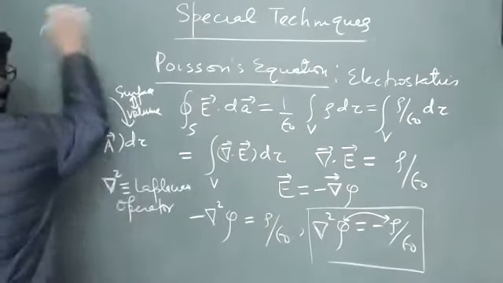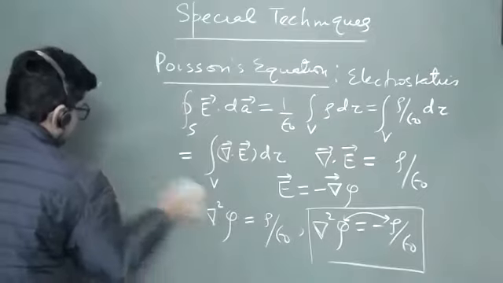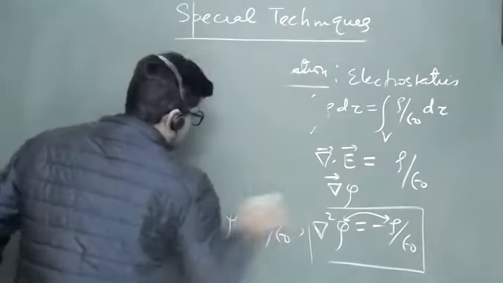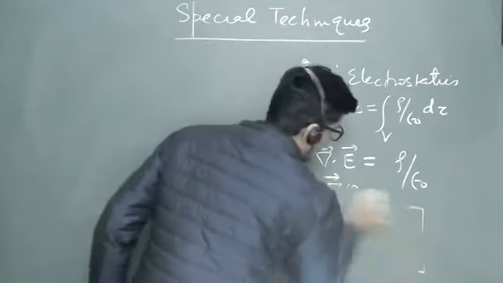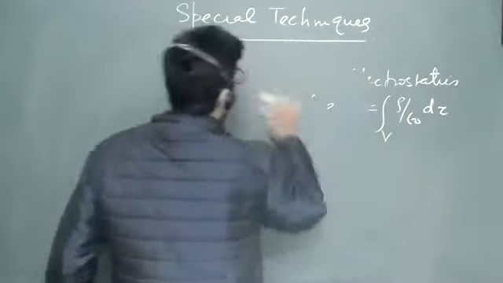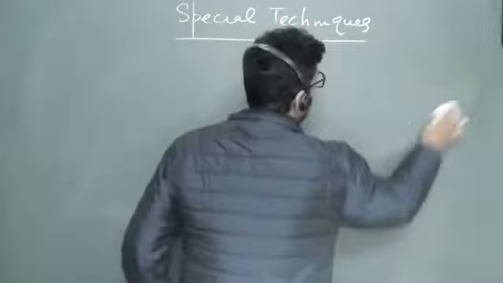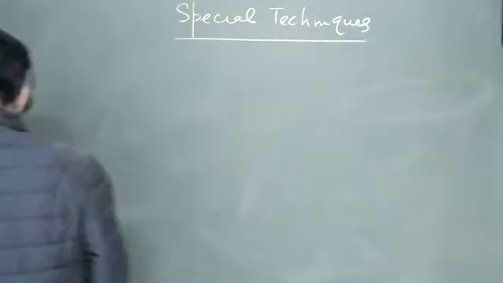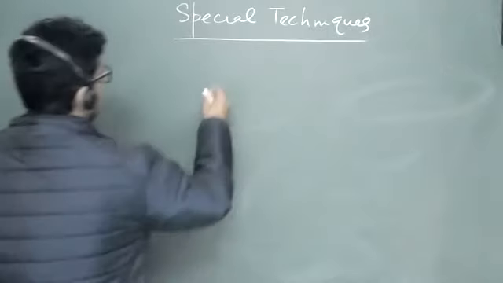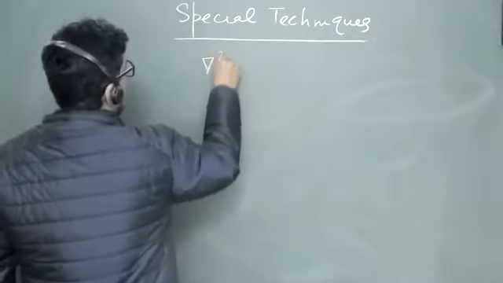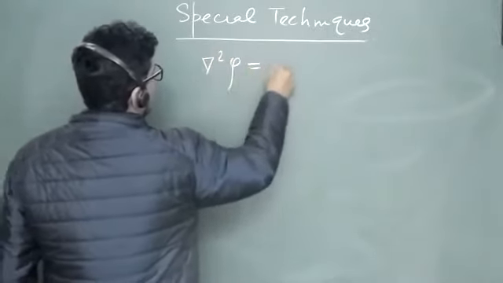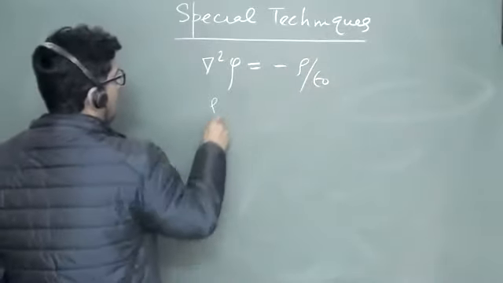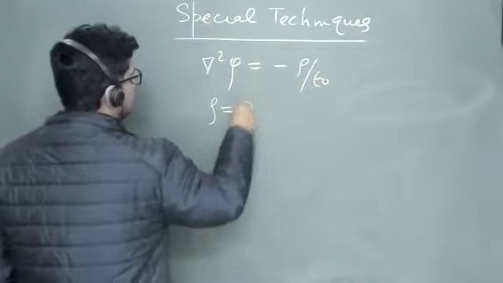So let us understand this. Now in most of the cases, what will happen? ये बड़ा important point है, पता नहीं आप इस बात को समझते हो या नहीं. That in most of the cases, you will have del square phi is equal to minus rho by epsilon naught, and you will have no charge.